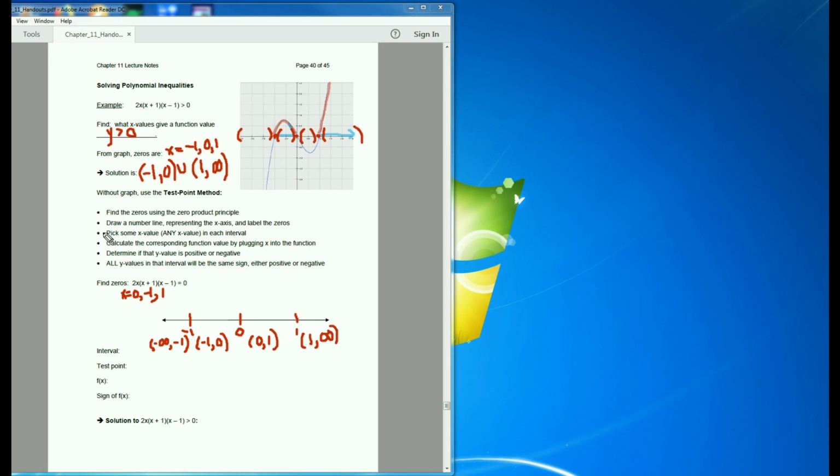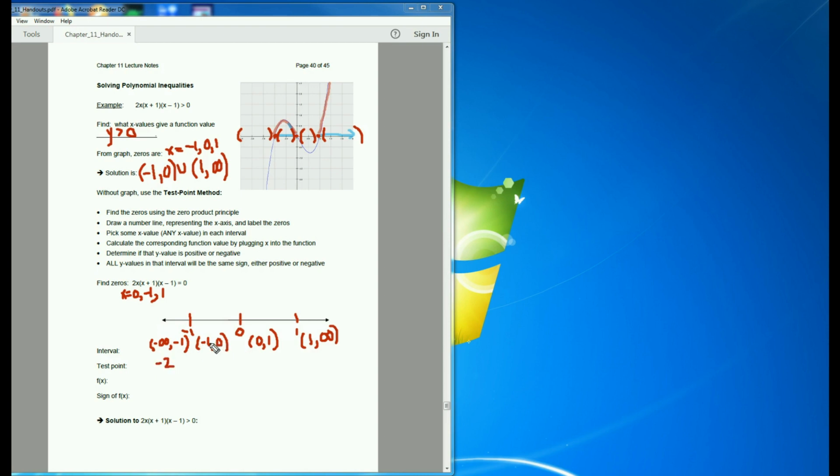All right, next step, I'm on the third bullet here. Pick any x value in each interval. And remember, we can't pick these values. These are the zeros. We have to pick something within the interval. So in this interval, the obvious choice would just be -2.